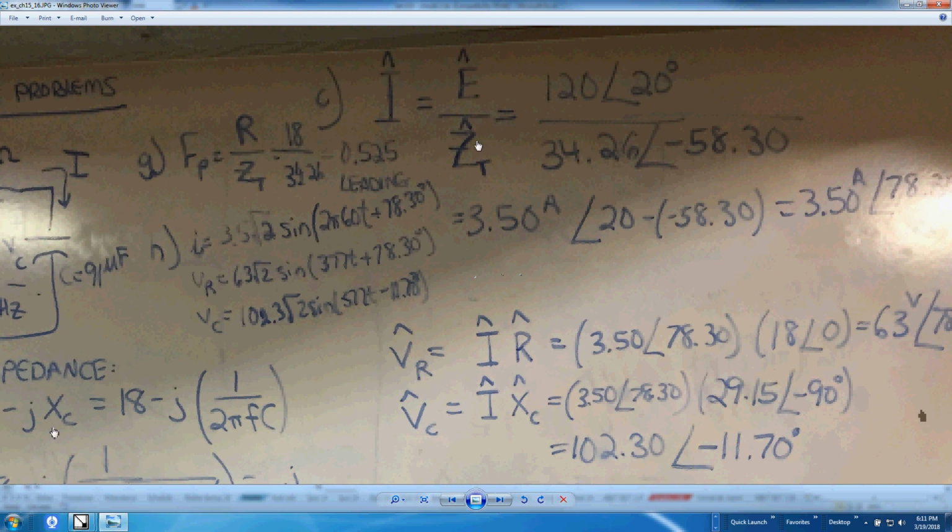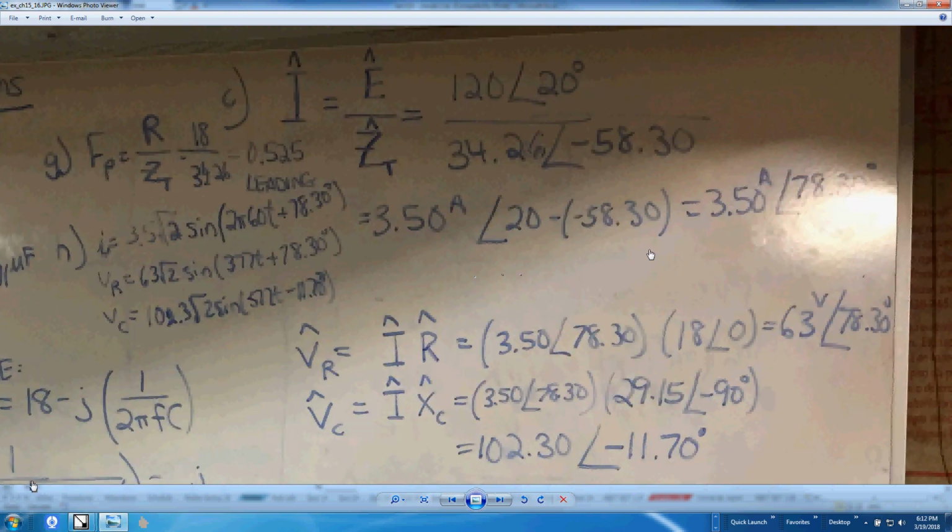We calculated Z sub T as 34.26 with an angle of minus 58.30. 120 divided by 34.26 equals 3.5, with an angle of 20 minus a minus 58, which is like plus a plus. So the current is 3.50 amps with an angle of 78.30 degrees.